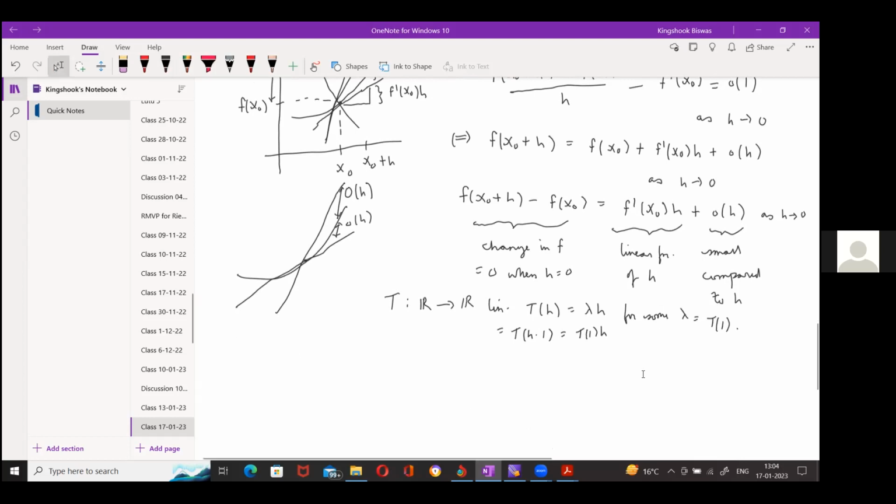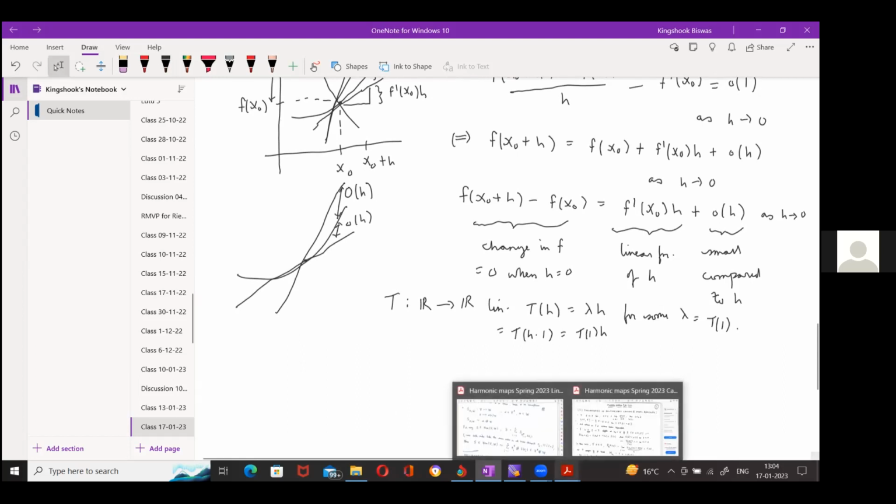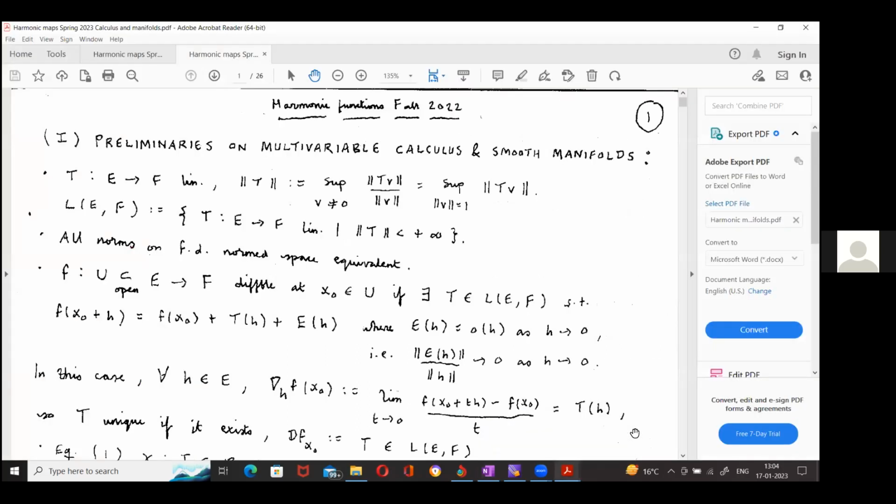So this generalizes to a map between normed vector spaces.